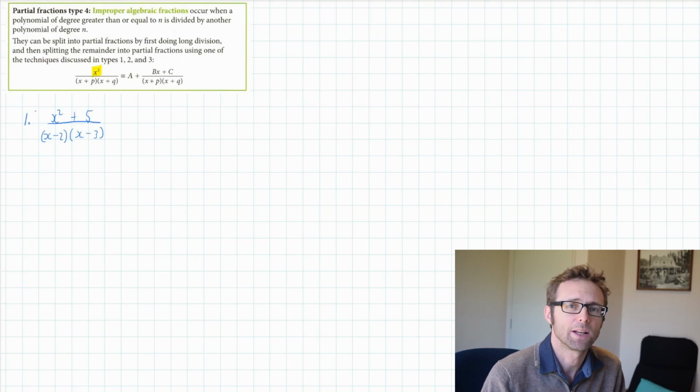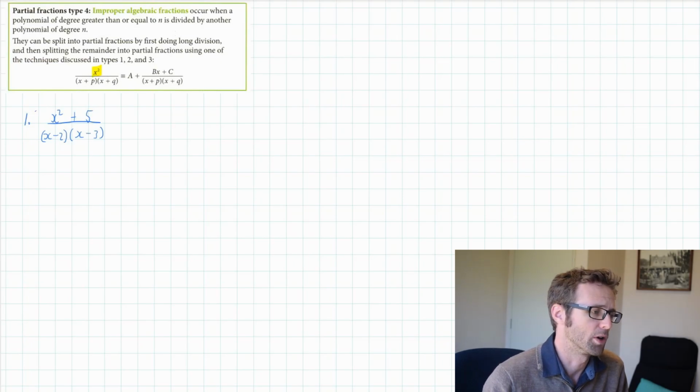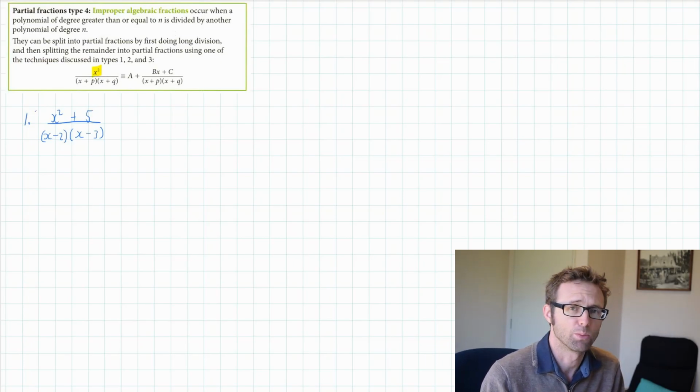On top you might have something like x squared, and on the bottom x squared. Or on top you might have x cubed, and on the bottom an x squared factor. As long as your polynomial on top is of higher degree than the one on the bottom, you end up with an improper algebraic fraction.